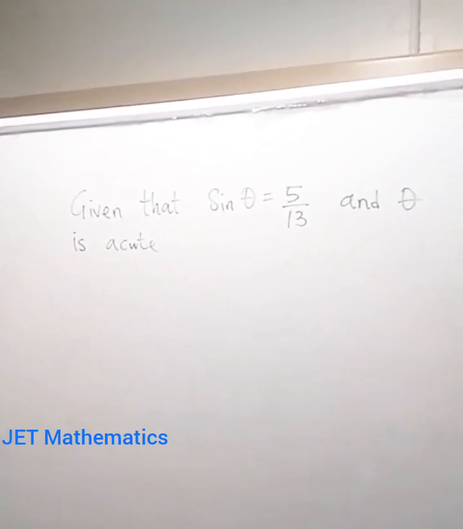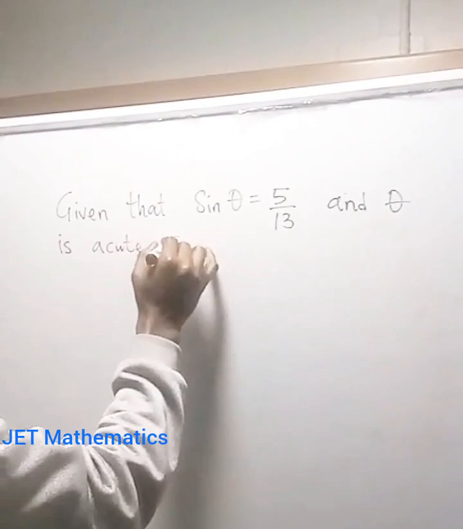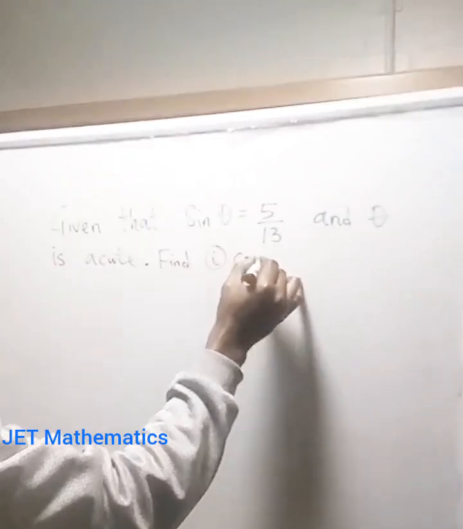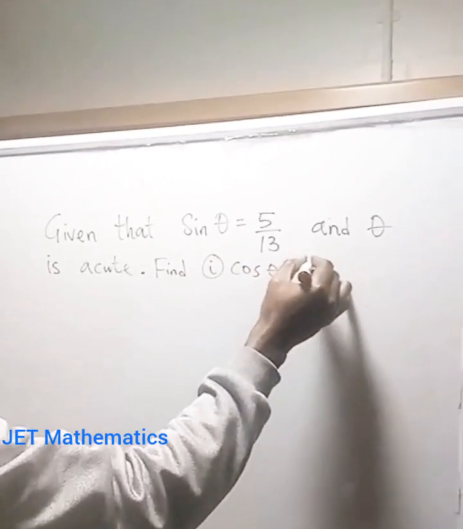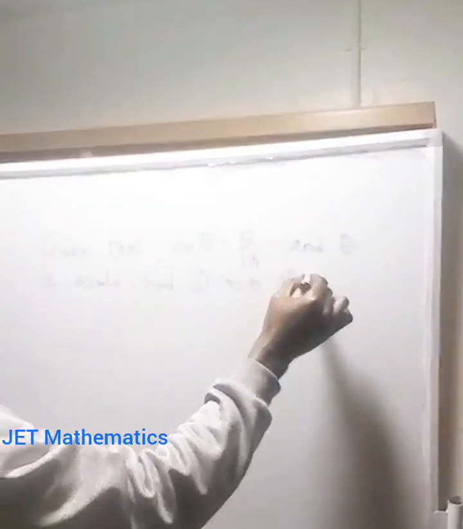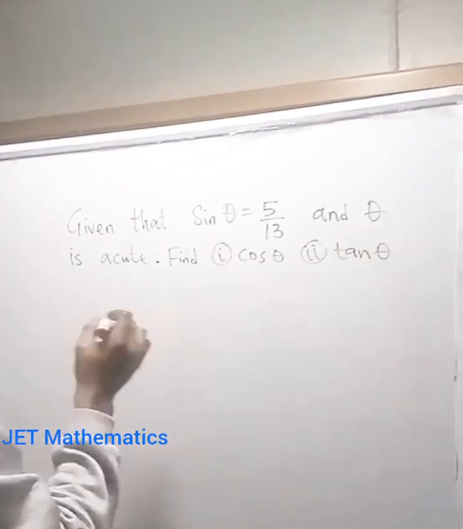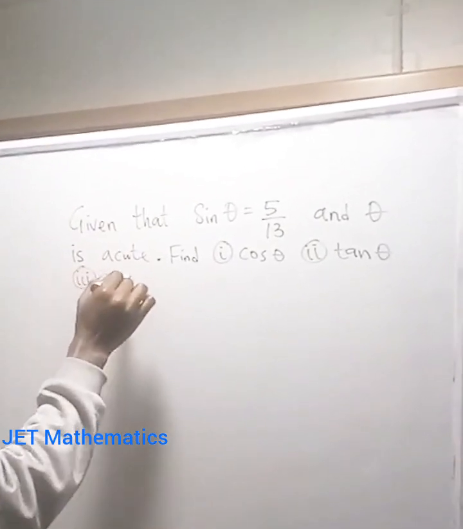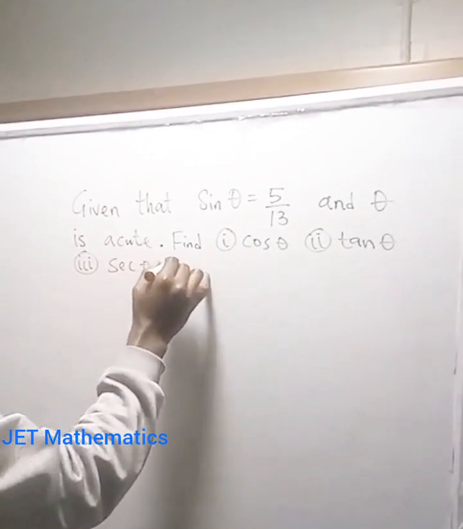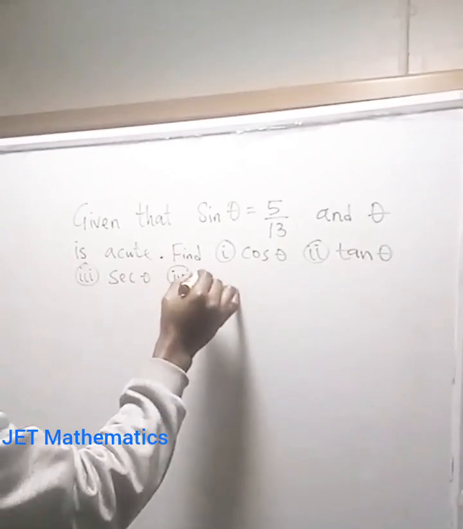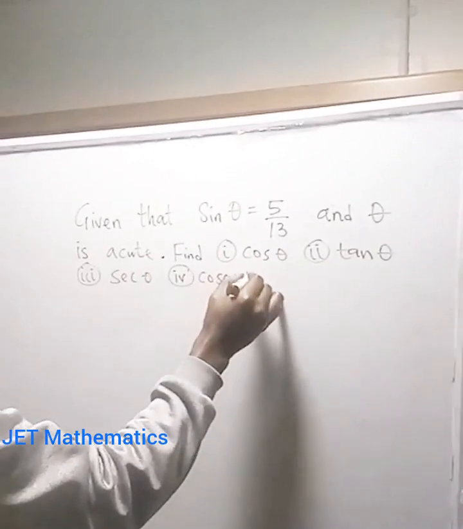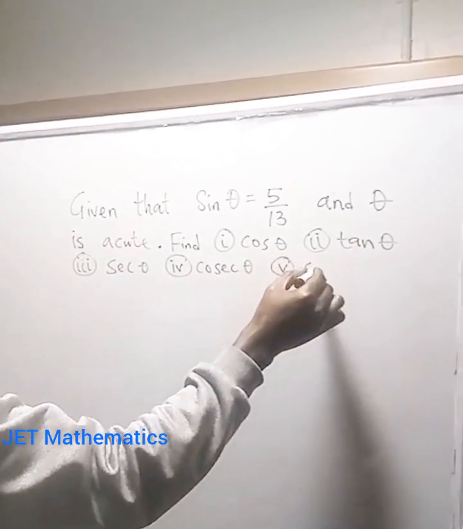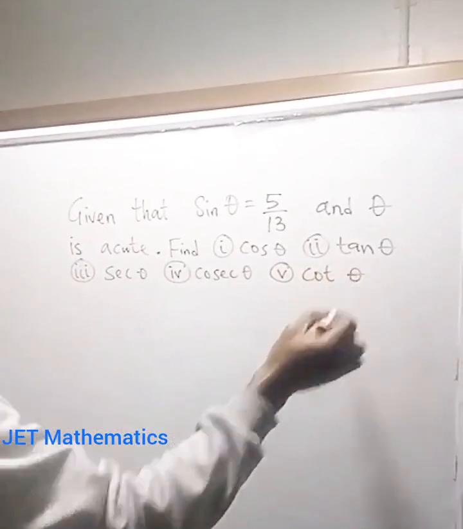Alright, so we are asked to find Roman figure 1, cos theta, Roman figure 2, tan theta, Roman figure 3, sec theta, Roman figure 4, cosec theta, and Roman figure 5, cot theta.